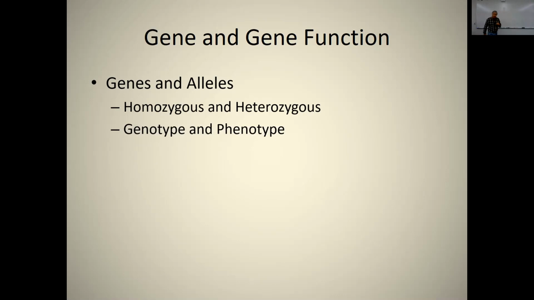So genotype and phenotype. Genotype is what set of alleles you have at a particular locus. That would be big A big A, small a small a, or big A small a, and small a big A, same thing. The convention is you always put the big letter first.